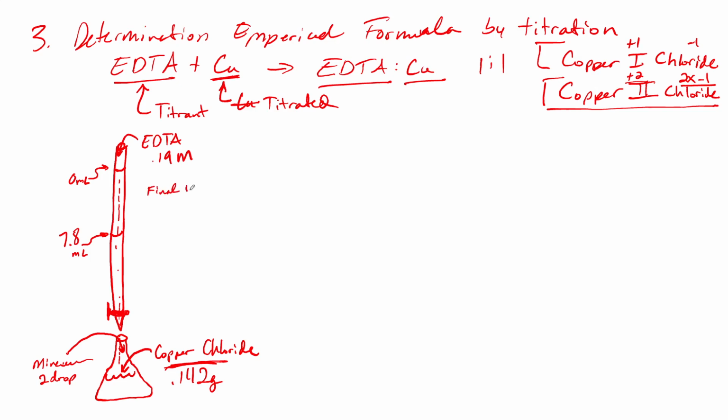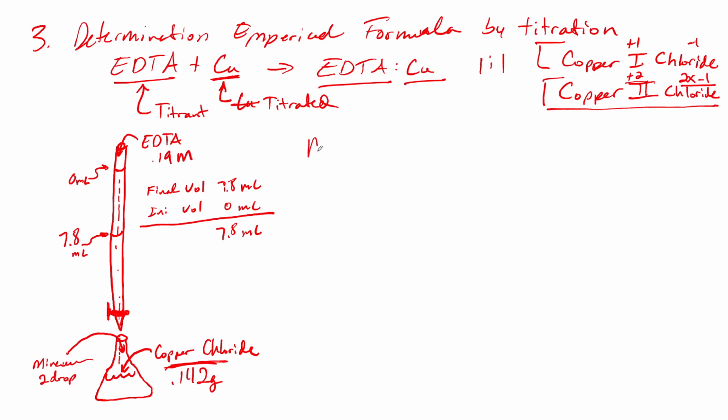Final volume, right, which is 7.8 mils, and then initial volume, that was 0 mils, and so now your total volume is just 7.8 mils, right? That's good, right? And so now all you have to do is figure out what the number of moles is of EDTA, right? That was required to get to the endpoint of the copper chloride.